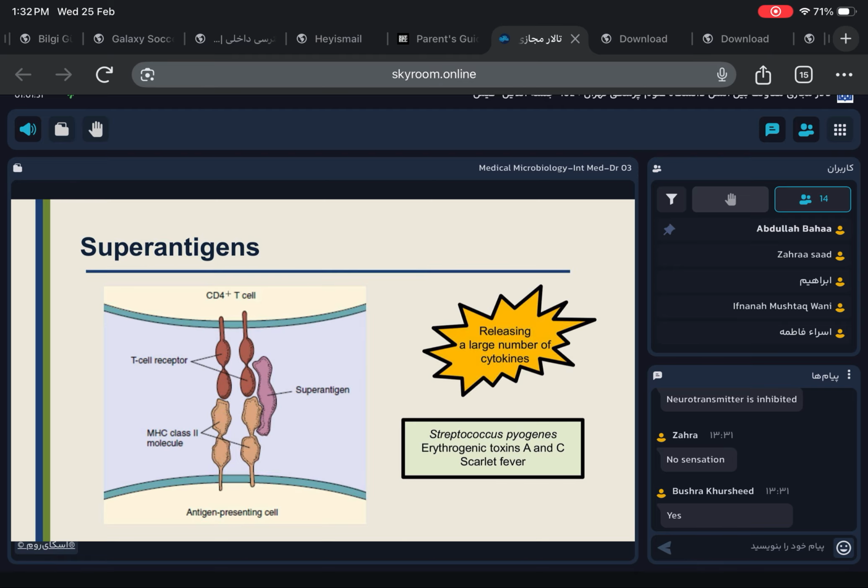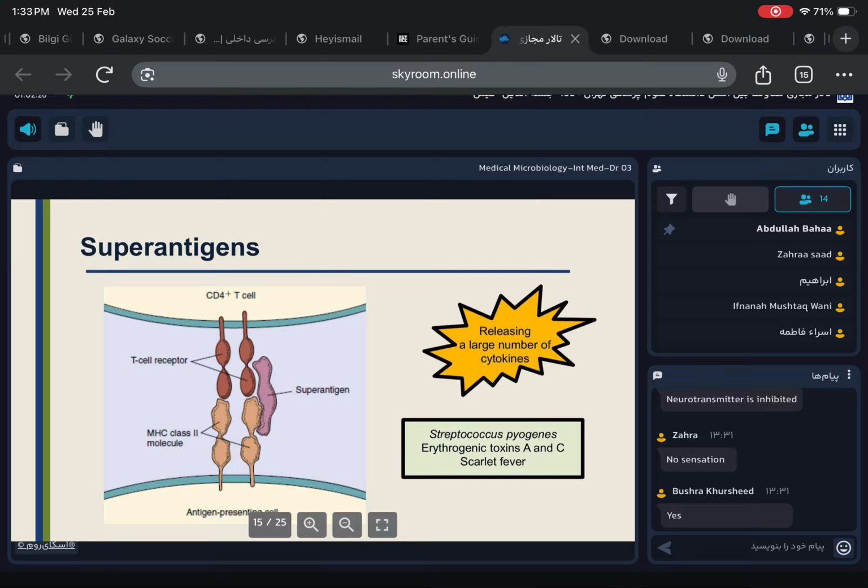And the last group of toxins are superantigens. Superantigens are very small proteins. As you can see in this image, they are able to attach simultaneously to MHC class II molecules on antigen presenting cells and also T cell receptors on CD4 positive T cells. Superantigens stimulate these types of cells, especially CD4 positive T cells.